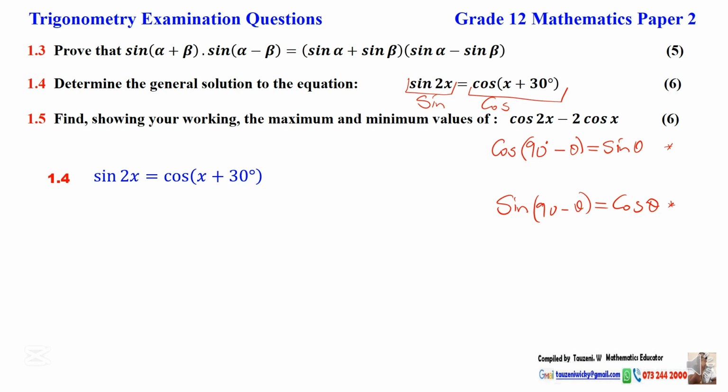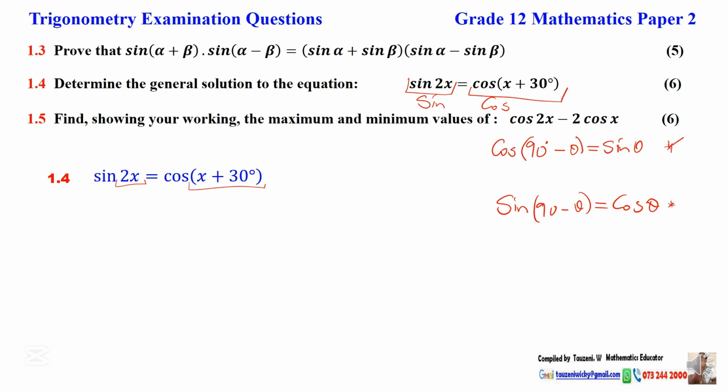I can use cofunctions. You make a decision when you look at your two angles, which one you want to change using cofunctions. It is advisable to change one that has got one term, like in this case 2x compared to x plus 30. I would rather change 2x to make my calculation simpler. Now, to change sine 2x, you go to your formula for sine theta. Sine theta is the first one.